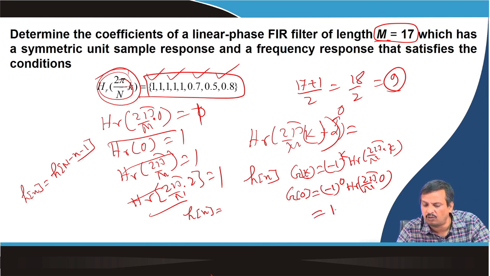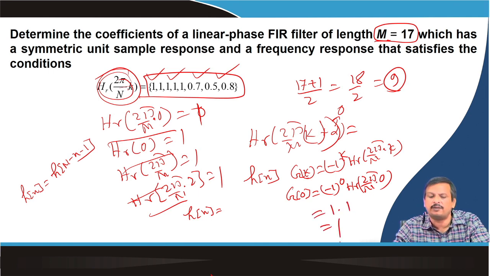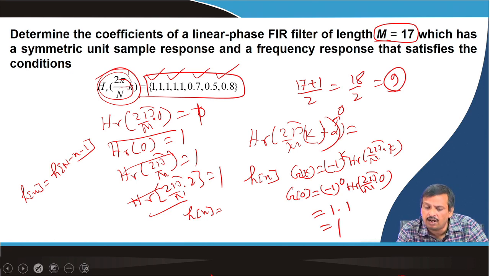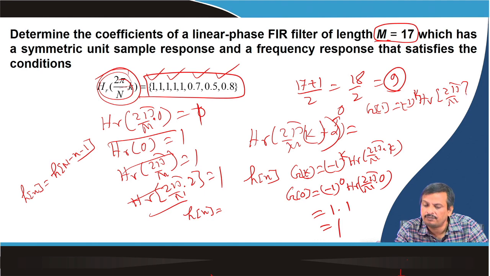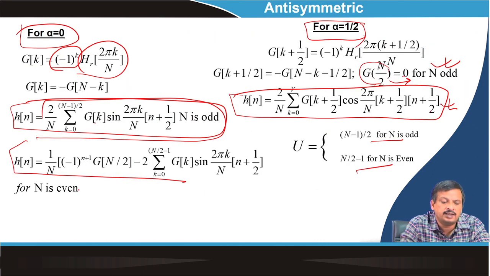So, this is 1 into 1 is equal to 1. What is G(1)? G(1) is equal to minus 1 to the power 1 into H_r(2 pi by N). That is my G(1). So, I know G(0) and G(1), then I can calculate h(n).